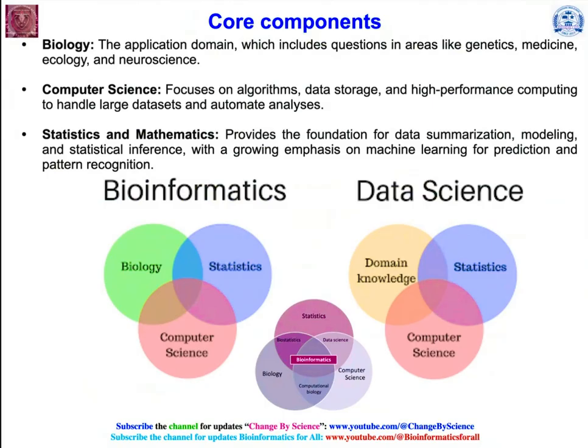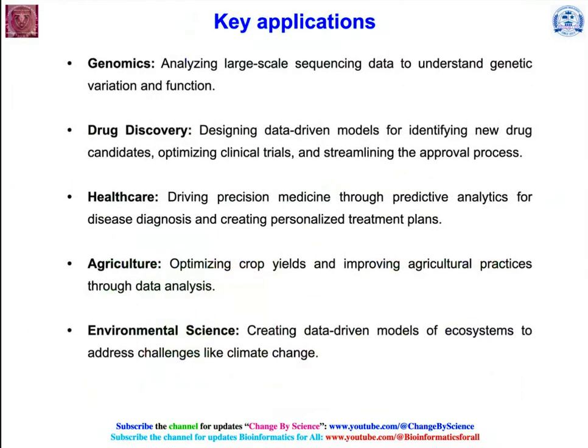So, in statistics, you need to have quite basic knowledge, which provides the foundation for data summarization, modeling, and statistical inference, with a growing emphasis on machine learning for prediction and pattern recognition. Now, what are the key applications of biological data science?